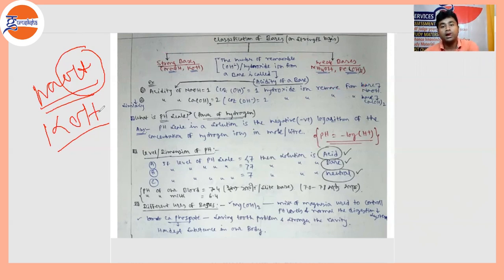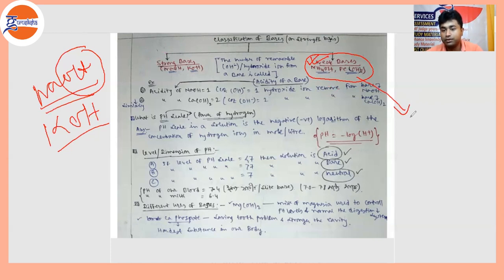Similarly, what is called a weak base? Definitely, a base that is fully ionized in water and has a weak chemical bond is called a weak base. Okay, so if I am going to discuss some examples, what are the examples of weak base?